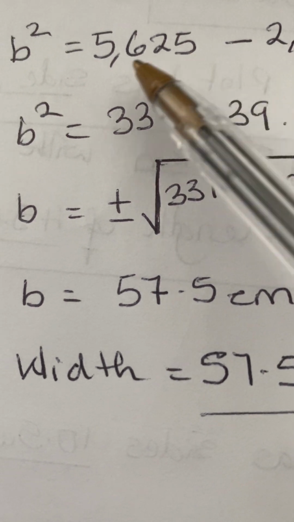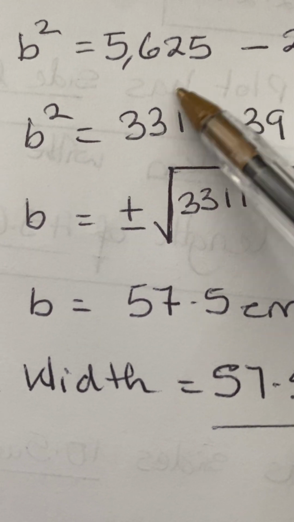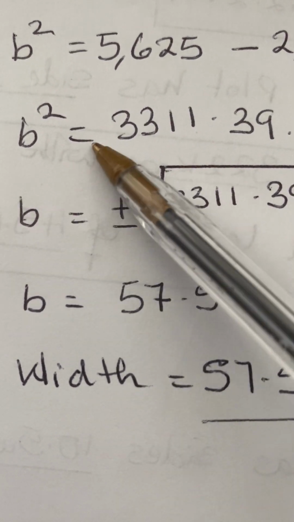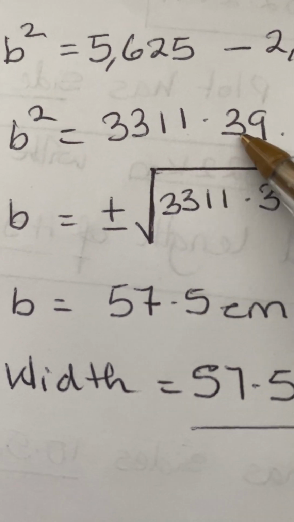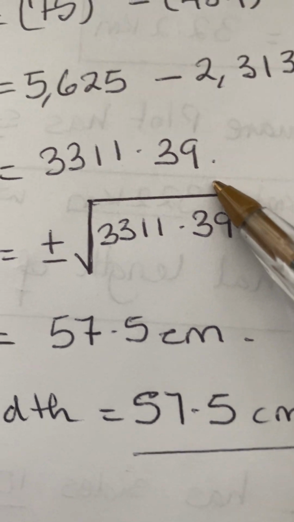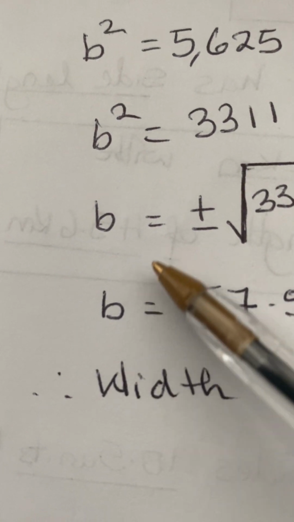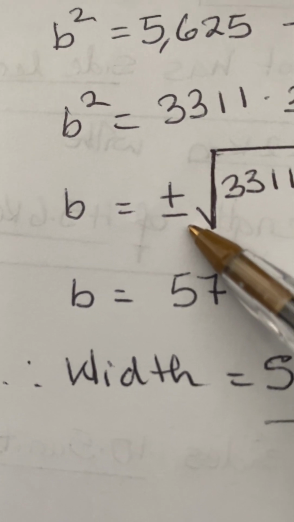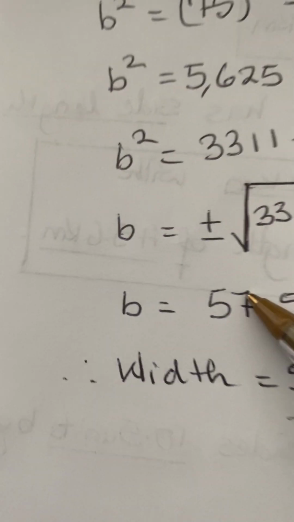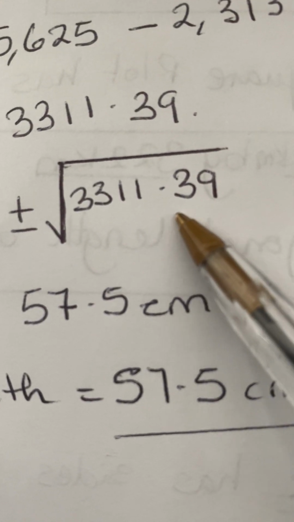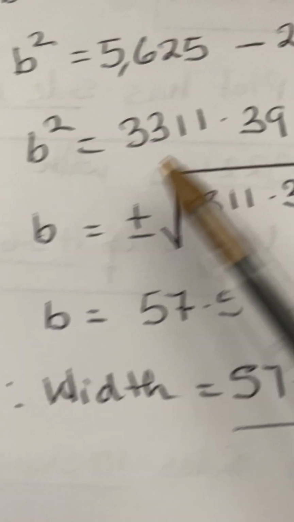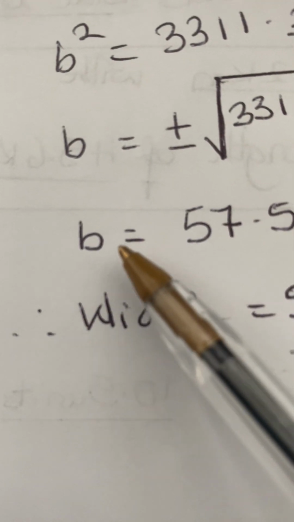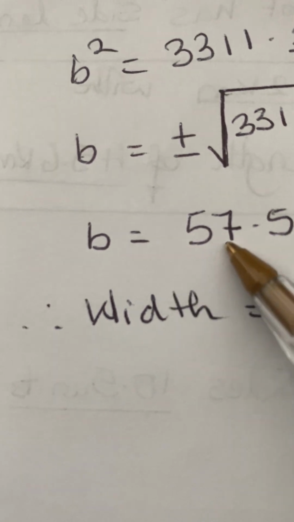If you do it correctly on the calculator, b squared equals 3311.39. b becomes plus or minus the square root of 3311.39.